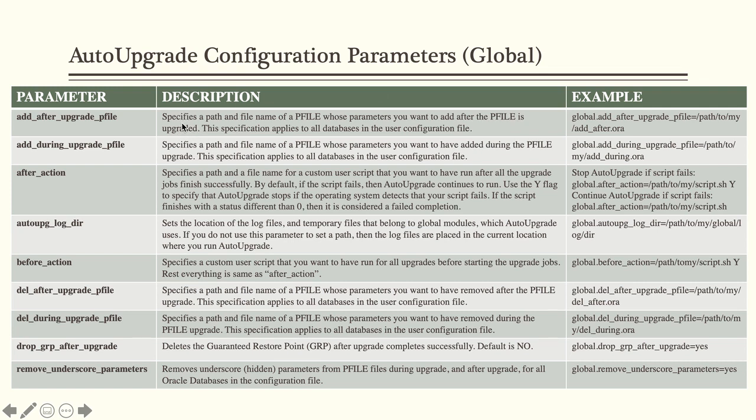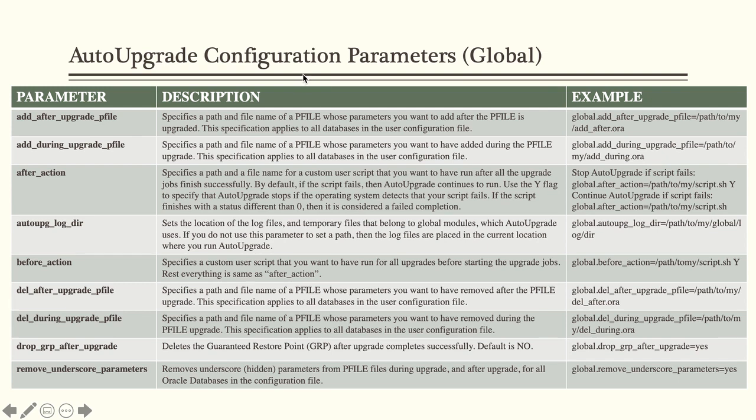So somebody says, after I upgrade my 11G database to 12C or to 19C, I would like to switch from manual memory management to automatic memory management. Then there is no need to wait for the upgrade to finish and then do it. You can put all your parameters directly in a text file, which is handy before the upgrade, and once the upgrade is done, all the parameters you have mentioned in this file will be automatically added to the upgraded database.